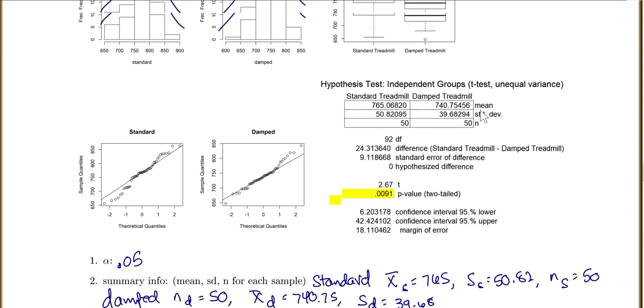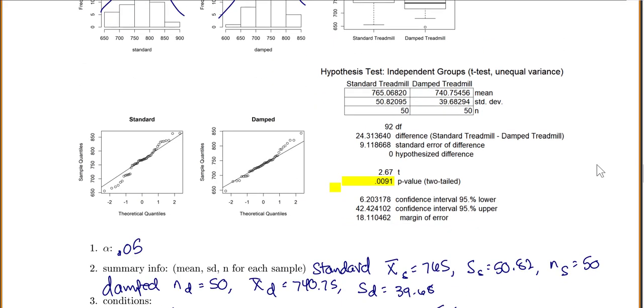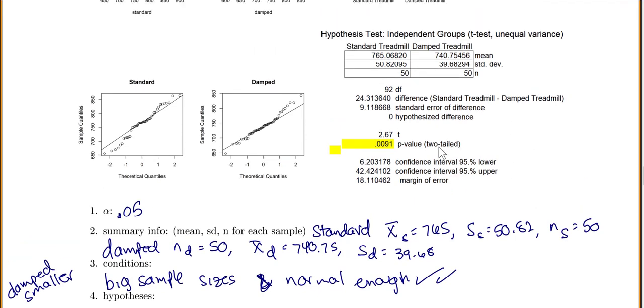Again, we want to know, is damped better, is damped reducing it? So is damped smaller? We're looking for damped smaller. But you have to come back up and see which order they did it in. They did standard minus damped.